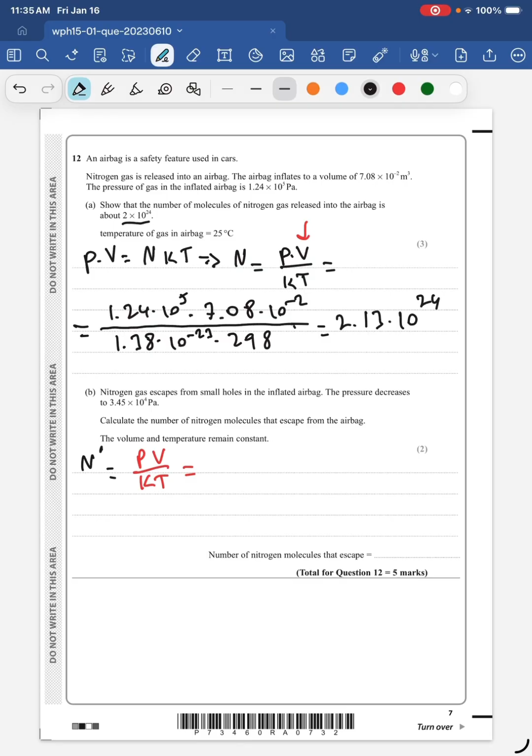Let's switch back to plug. And now the pressure is 3.45 times 10 to the 4. The volume is the same, so 708 times 10 to the negative 2.